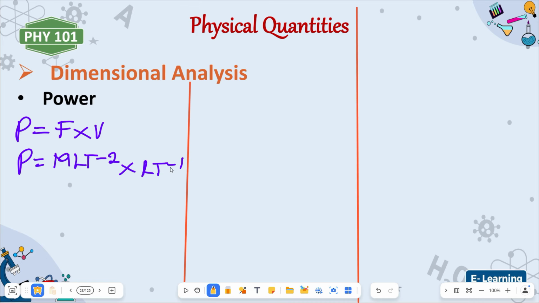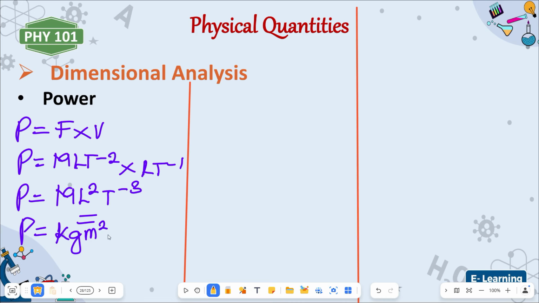LT minus 1. Alright? So power will be equal to, at the end of the day, what do you think you are going to have? L times L will give us L squared. T minus 2 minus 1 will give us what? Minus 3. So this is the dimension for power. Of course, M is in kilogram, L is meter, those are the units, and this is the unit of power we have done before.